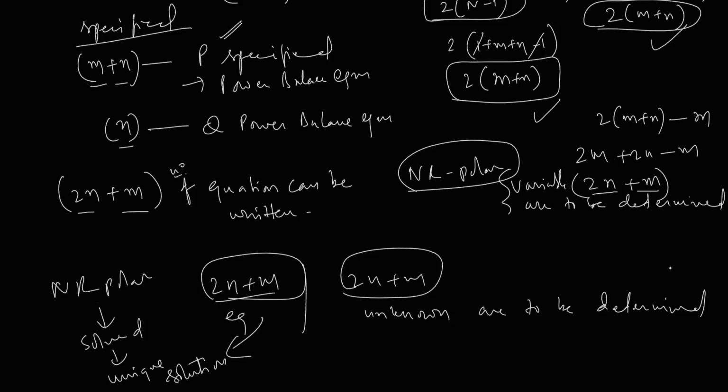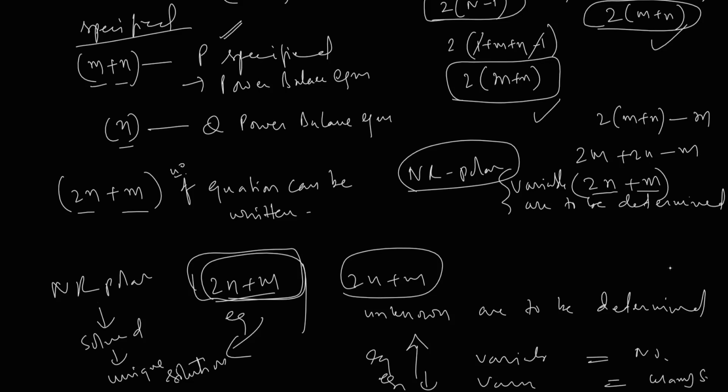If I have more equations than variables, then there may be no solution. Or if equations are fewer than variables, then there may be many solutions, right? So to avoid this, I am checking whether the number of equations and the number of variables to be determined are equal, so that I can have a unique final solution.